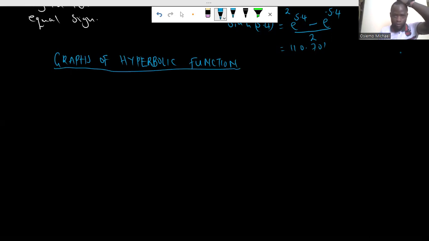The graphs of hyperbolic functions can be plotted using a calculator.